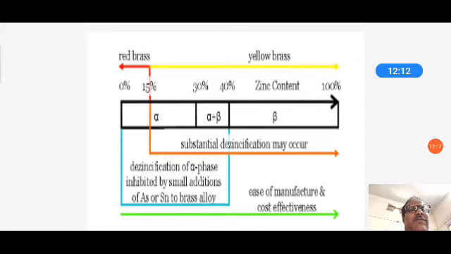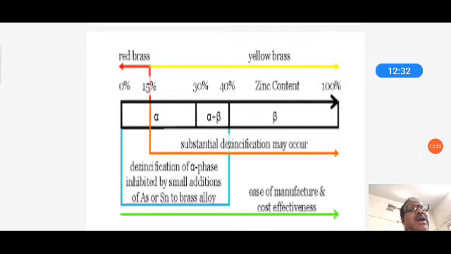Dezincification of alpha brasses is inhibited by small additions of arsenic and tin to brass alloys. In the case of alpha brasses, pitting corrosion and dezincification are easily controlled simply by adding a small amount of arsenic or tin.